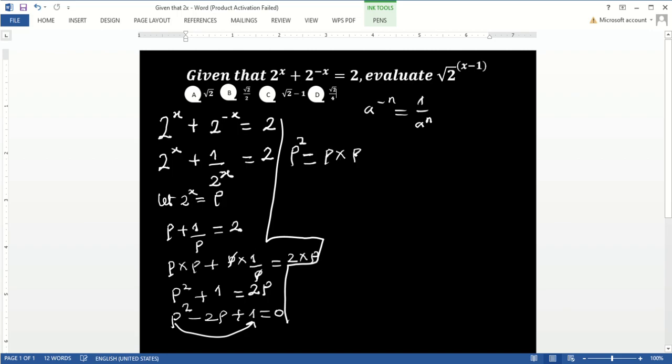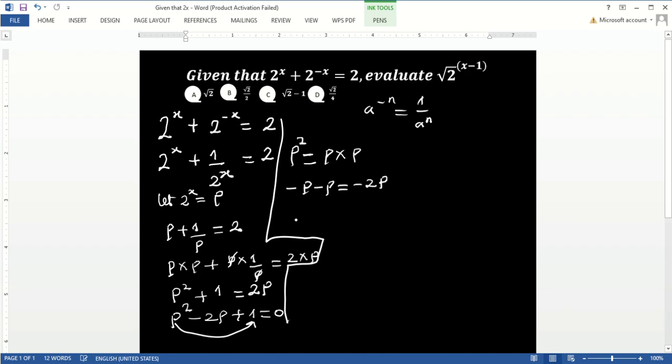So we will look for two factors that add to give us minus 2p, and when we multiply them, they should also give us p square. Here minus p plus minus p give minus 2p. Similarly, minus p times minus p give p square. So we replace the middle term with that.